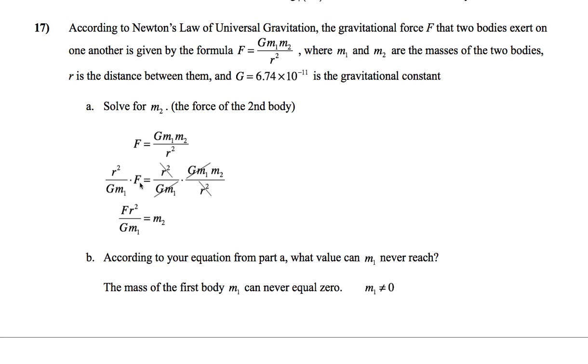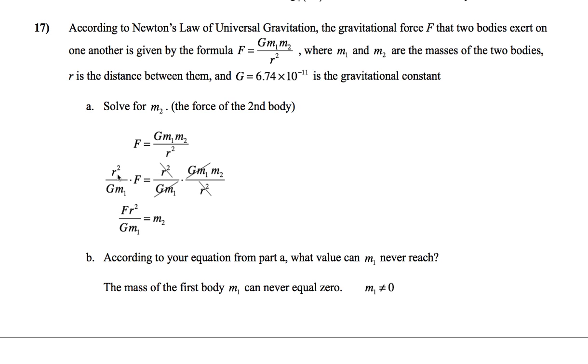I multiplied that factor times both sides of this equation, and that cancels out multiplicatively, excuse me, the r squared here and there, and the G times m1 there and here. Now you could have done this in a couple of steps.